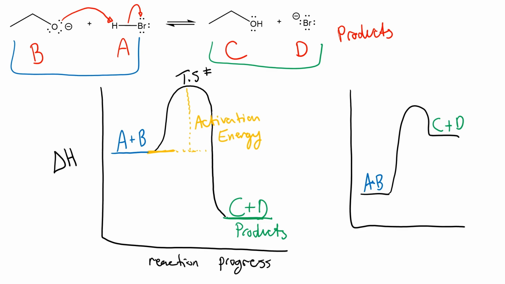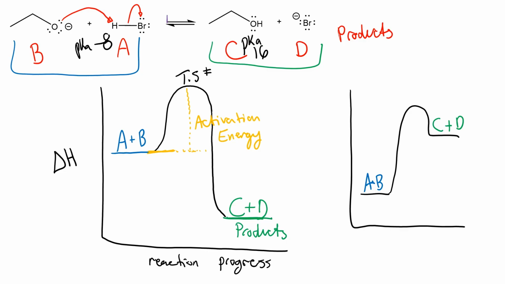Well, think about your pKa's. So the pKa of HBr is -8. The pKa of our acid on the other side, the OH of an alcohol, is about 16 or 17. So the higher the pKa, the weaker the acid. And so we know that the equilibrium tends towards the weaker side.